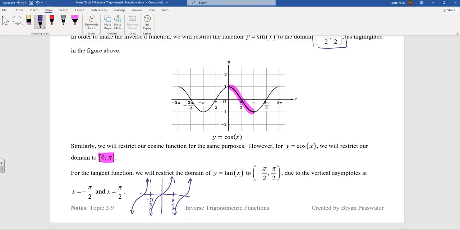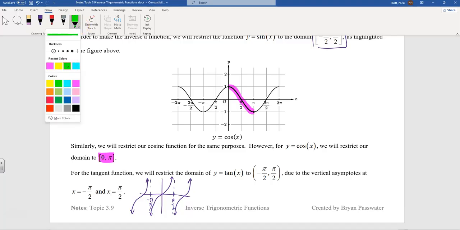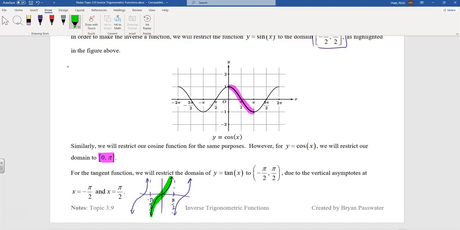All right. So for tangent, you're also going to go negative pi over 2 to pi over 2. Okay, so we've got those three restrictions on our domains when we're talking about inverse trig.